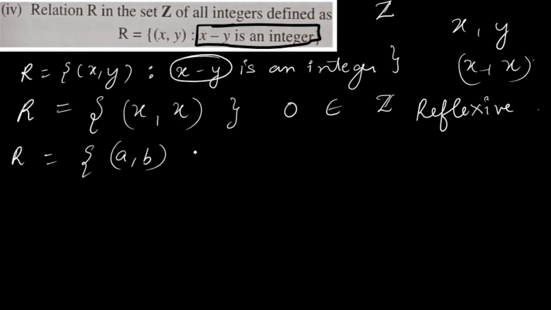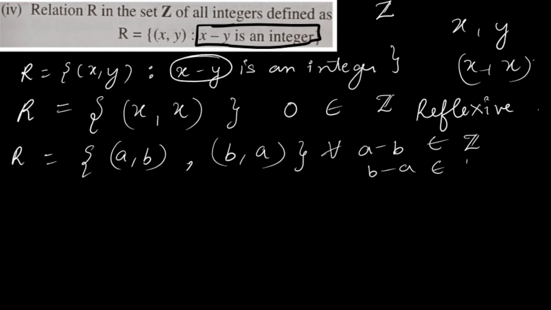For all we know, a minus b belongs to the integers, and b minus a will also belong to the integers.